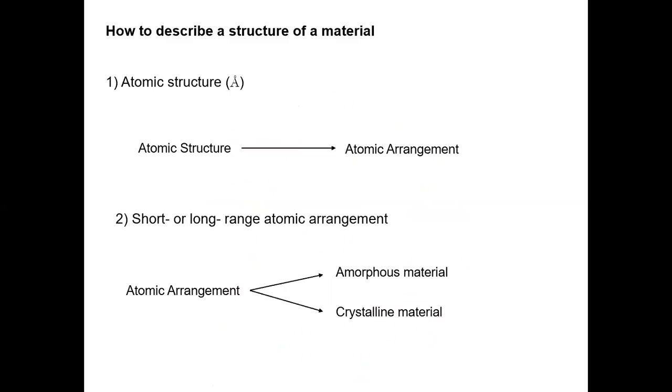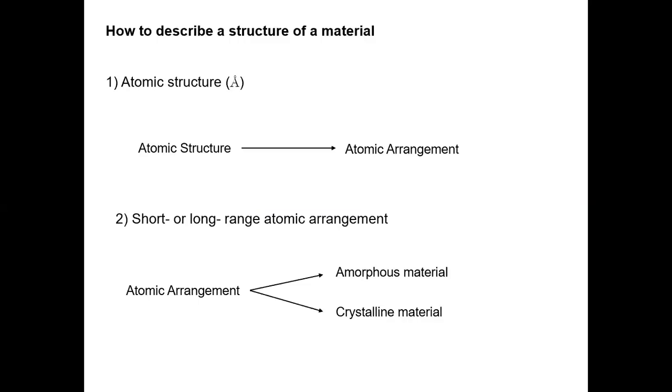So I told you earlier, the structure of a material greatly affects the properties of the material, right? If we say structure, we can define the structure of material at different stages.